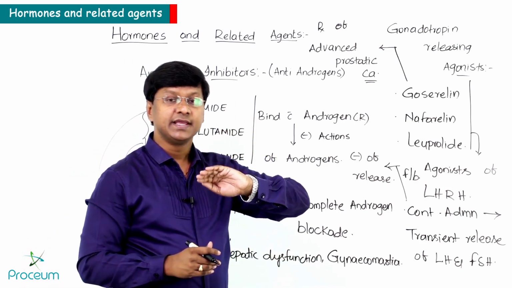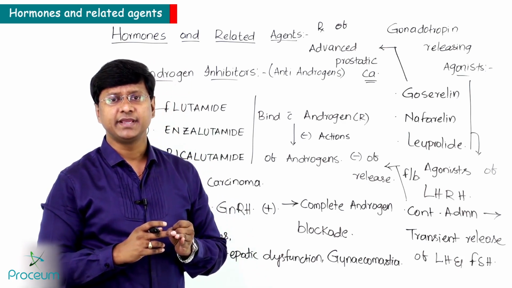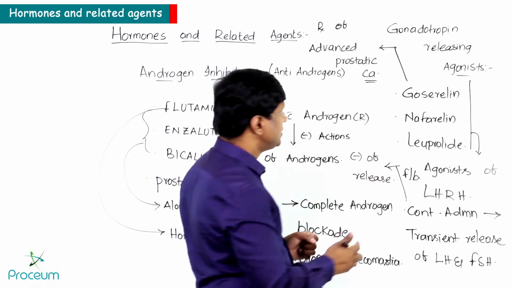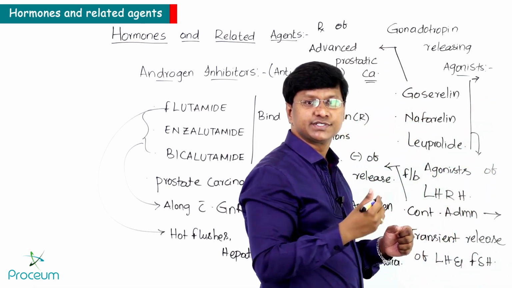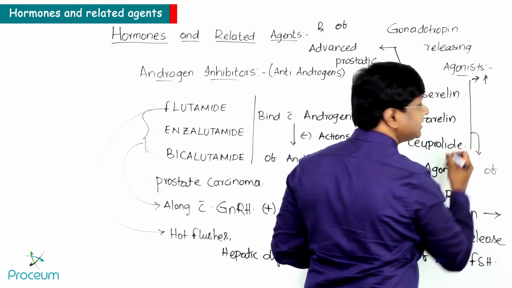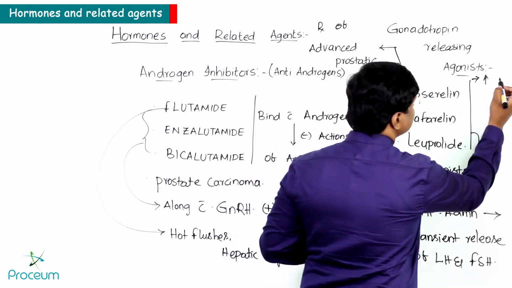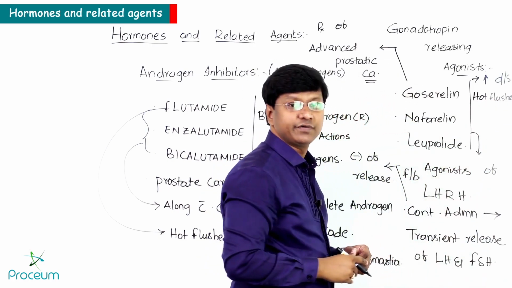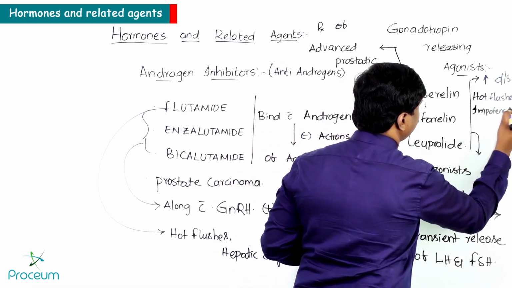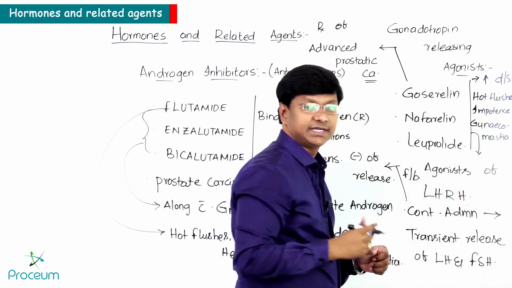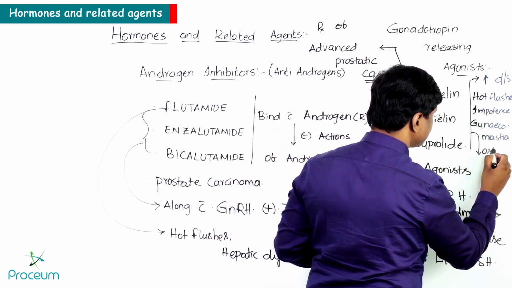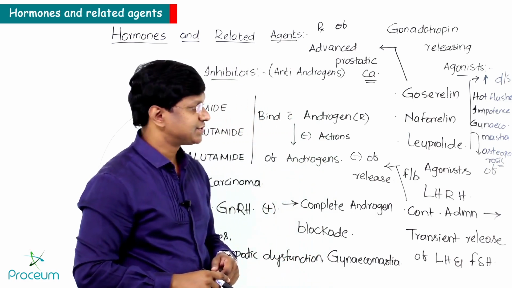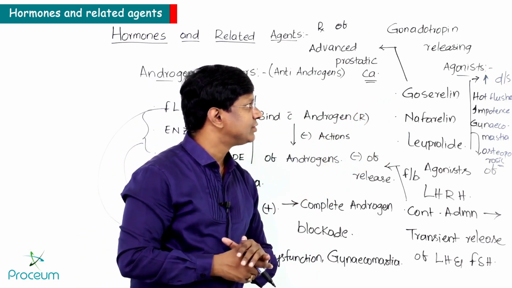Transiently there may be a flare up of the disease, or the individual may have hot flushes, impotency, gynecomastia, and osteoporosis. So these are the adverse effects of these particular drugs, that is gonadotropin releasing hormone agonists.